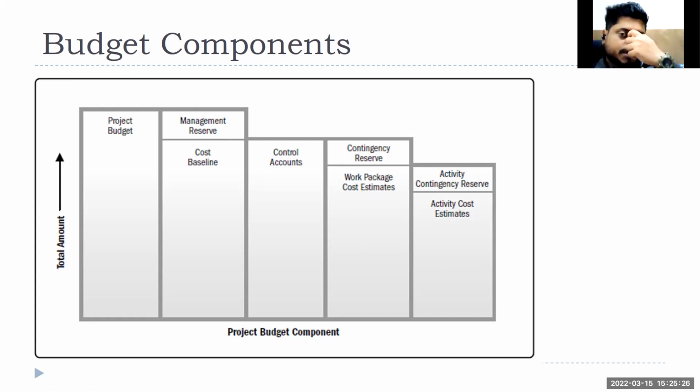If it is a regular project they won't have it, but if it is a new project, an innovation project, an engineering project, where they know that there will be certain changes, management might have 5% of the cost or 10% of the project cost as management reserve. Then including that, it becomes your total project budget, right? If the management reserve is not utilized, that doesn't mean that money is free for you to use. That money will be there with management. They might use it for other projects, right?